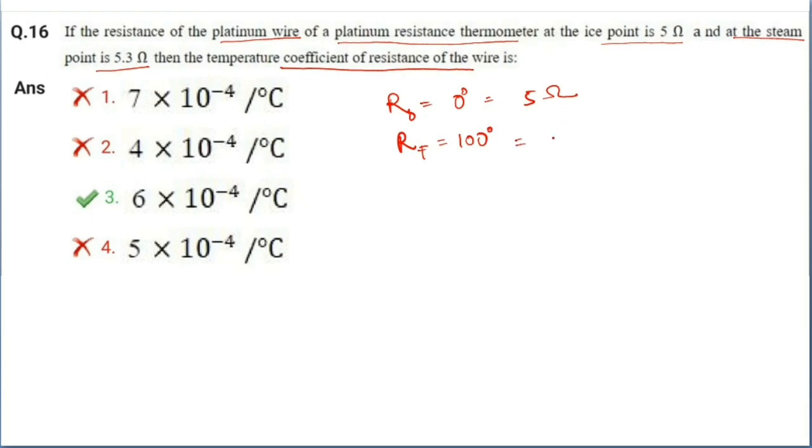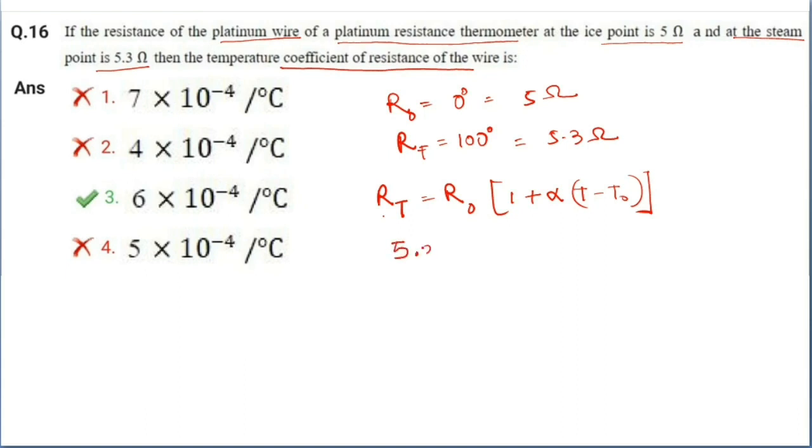then here 5.3 ohm. Then we have a formula: resistance at any temperature is equal to resistance at the initial temperature R0, suppose this is the ice point and this is the steam point, whole into 1 plus alpha delta T, or T minus T0. Here the temperatures are 100 and 0, and RT is the resistance at the higher temperature.